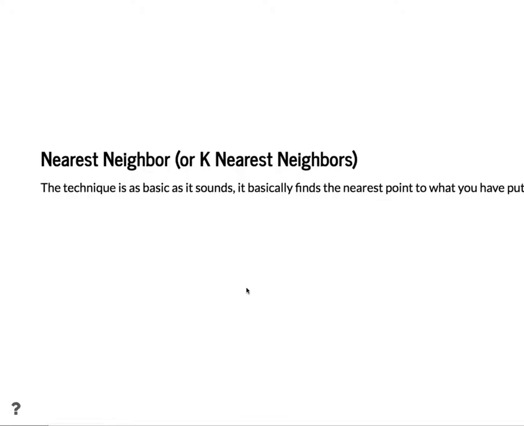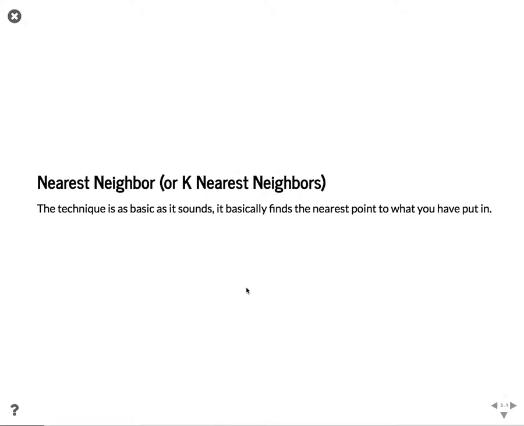So nearest neighbors is as simple as it sounds. It's an incredibly basic technique where if you have a point, it says what's the nearest point to what you have put in. So it memorizes your inputs and spits out the outputs that it expects to get with that. This is the fundamental basic approach.